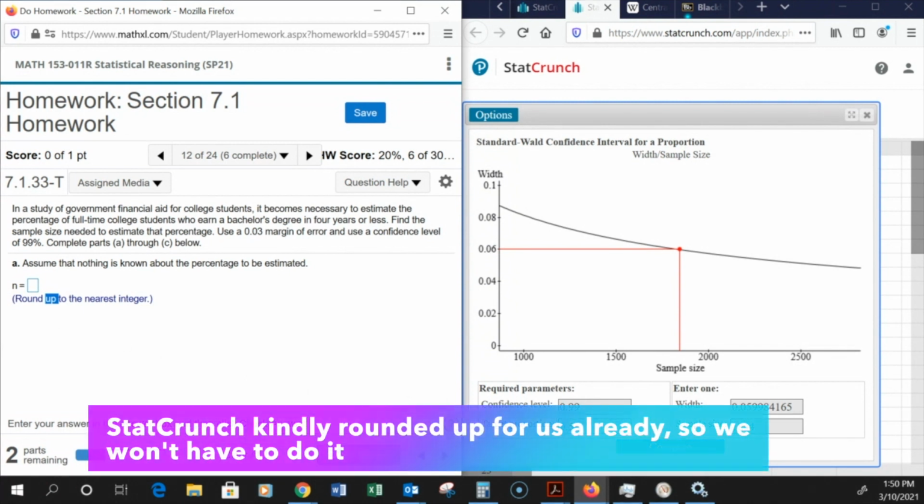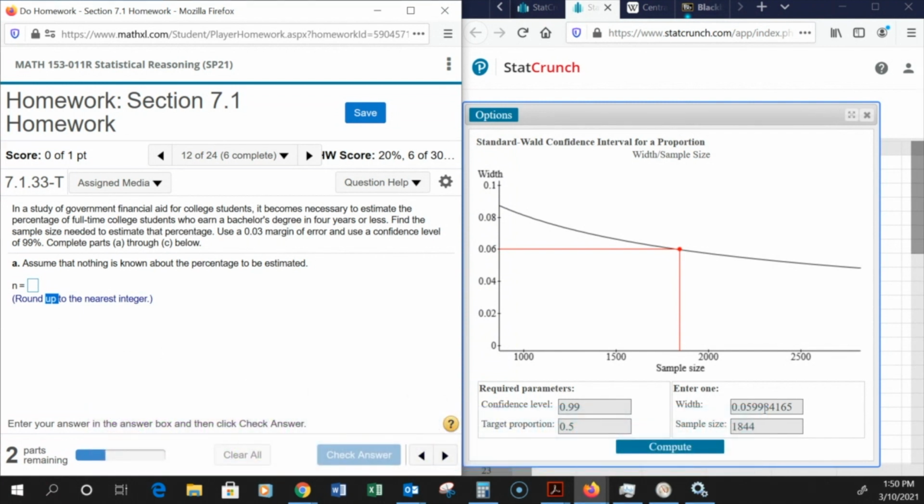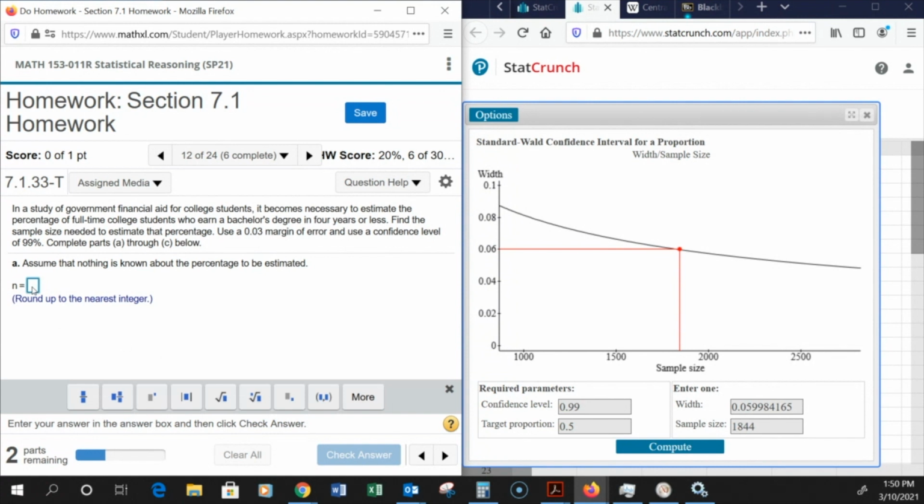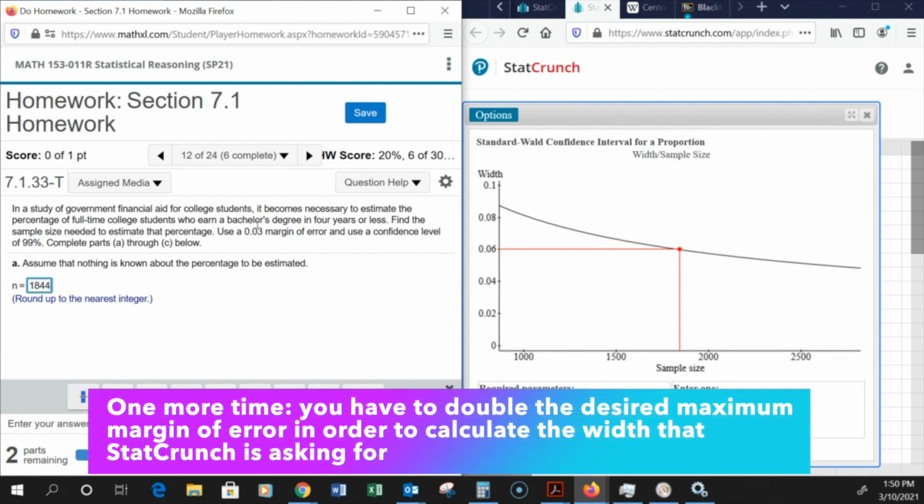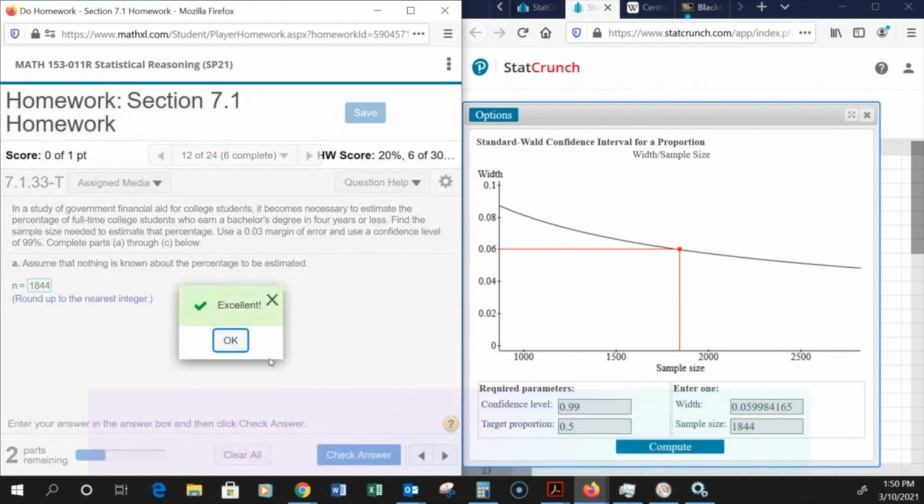So they've already rounded up. What that means is we're actually more accurate than they said. We said, well, I need to be within 0.06, and we're actually within 0.05998. It's not much of a difference. There wasn't much rounding going on here. But anyway, there you go, 1844, and you put that in. The only tricky part, as I say, is you have to double the margin of error to find the width.